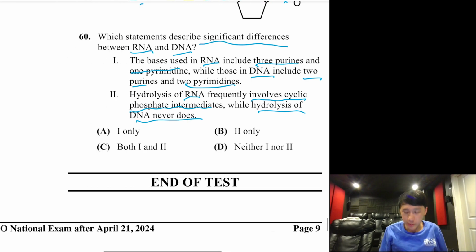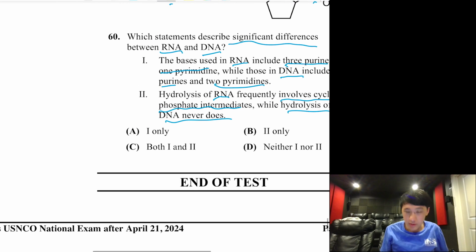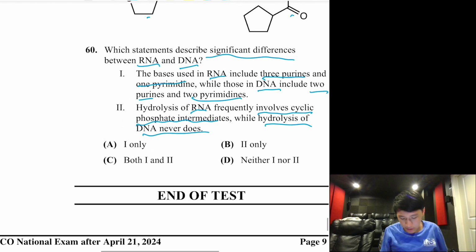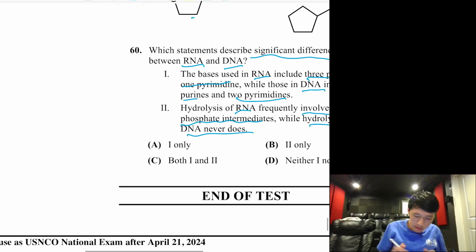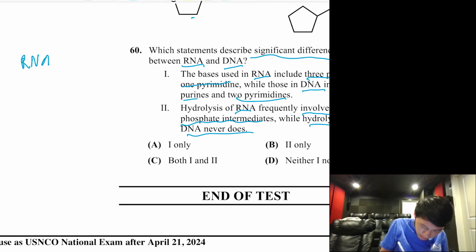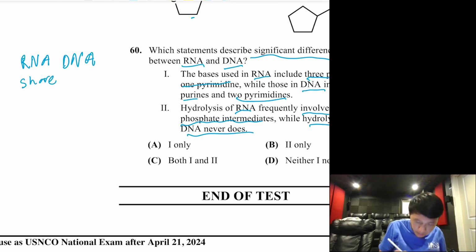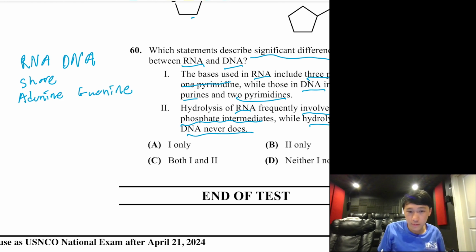So, to evaluate 1, the first thing we need to do is know what purines and pyrimidines are found in RNA and DNA. RNA and DNA share the same purines, which are adenine and guanine. So they both have 2 purines.